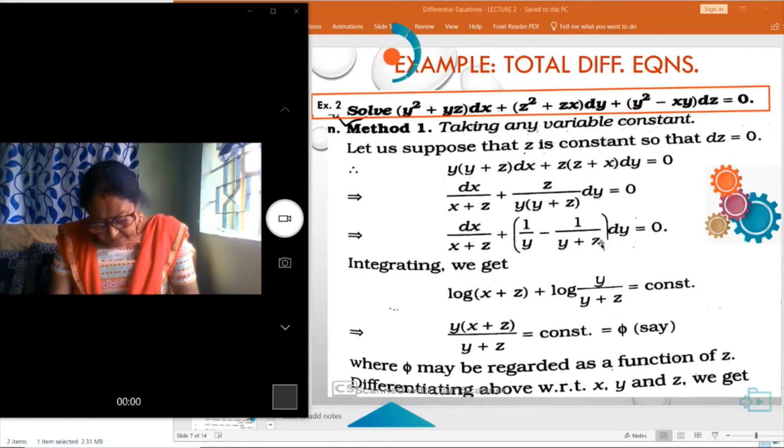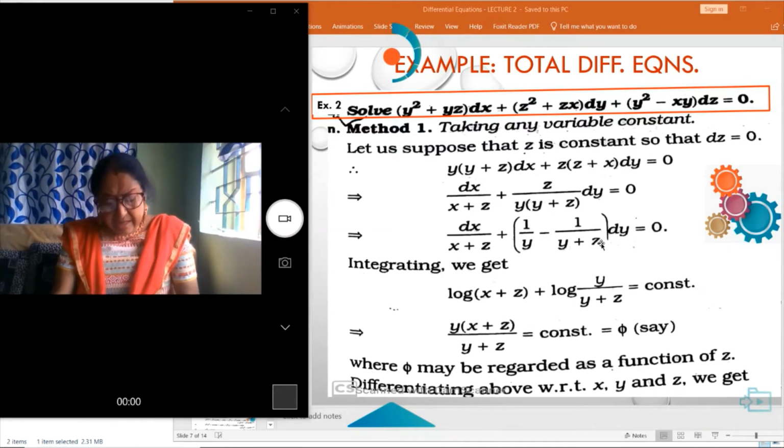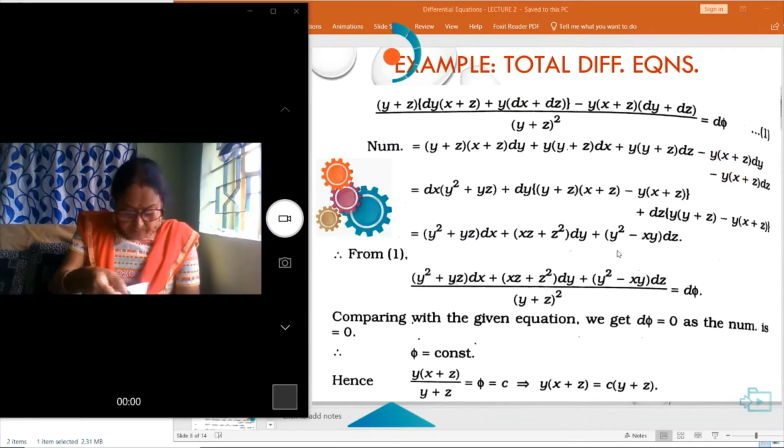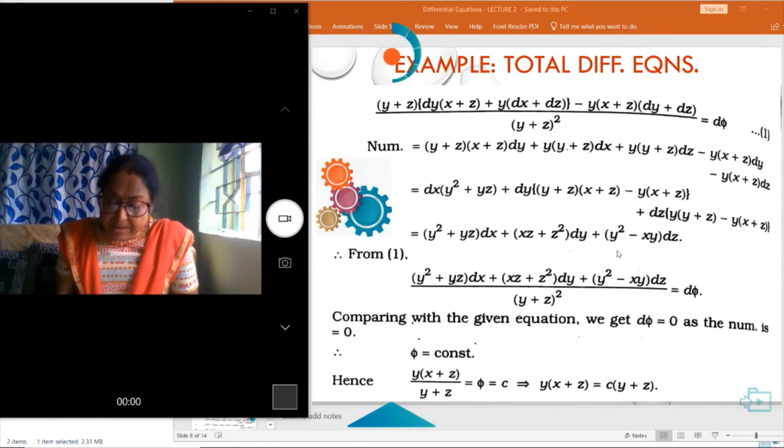Here we say y into (x plus z) divided by (y plus z) is constant equal to phi. Then integrating it, we get it by the u by v method. So v square, that is (y plus z) whole square, at the denominator, and then differentiating it we get whatever you can see, and this is equal to d phi, and then substituting the values we get the value.